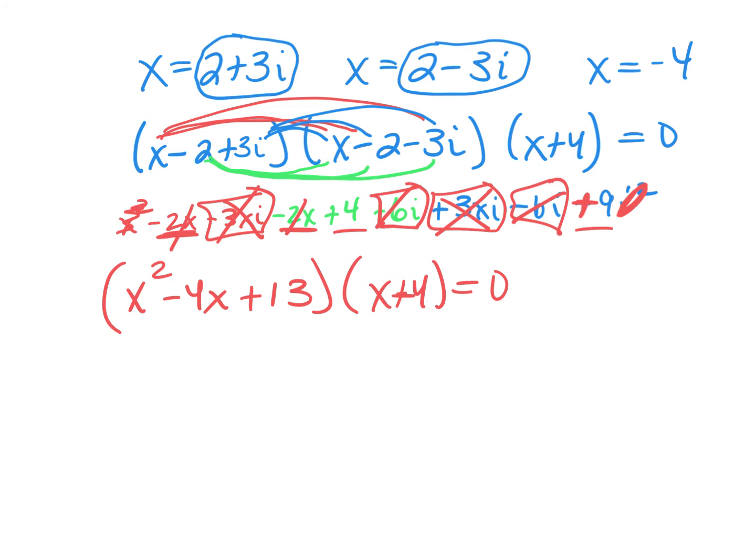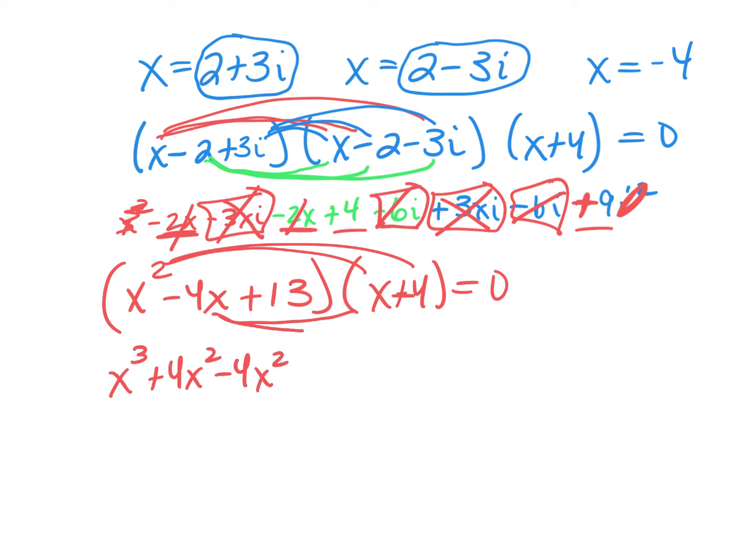And now we're going to multiply again. What's x squared times x is x cubed. X squared times 4 is 4x squared. Negative 4x and x is negative 4x squared. Negative 4x and 4, negative 16x. 13 times x, 13x.